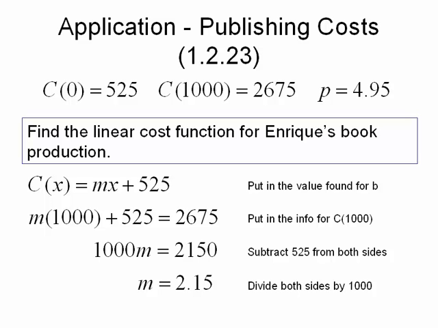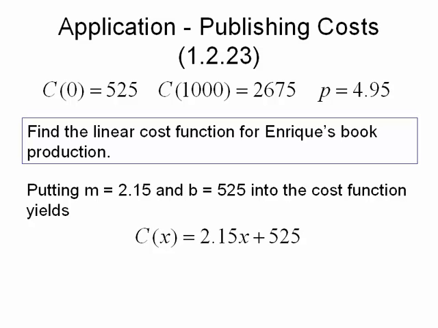Now we divide both sides by 1,000, and that gives us m equals 2.15. So our slope is 2.15. So we'll put in those two values into our cost function, and we end up with C of x equals 2.15x plus 525.